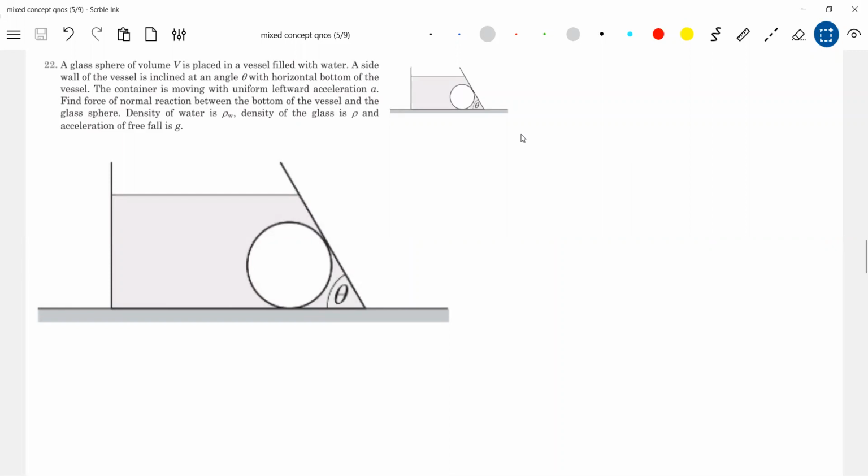So what is the state of the container? The container is accelerating, no? Leftward acceleration A. Find the force, with uniform leftward acceleration. So there is an acceleration.